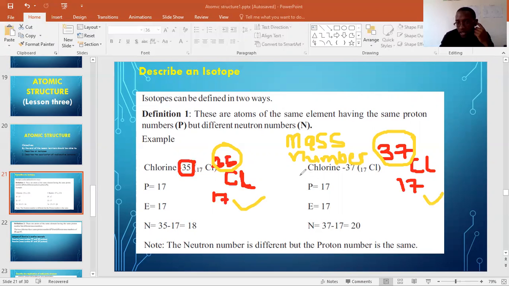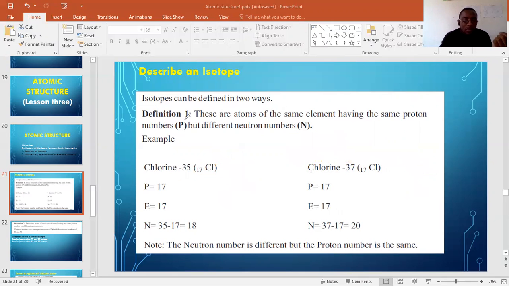So we can also define an isotope in terms of mass number and proton numbers. Isotopes are atoms of the same element. They contain the same proton numbers but different neutron numbers. They contain the same proton numbers but different mass numbers. So basically that is how we describe an isotope.